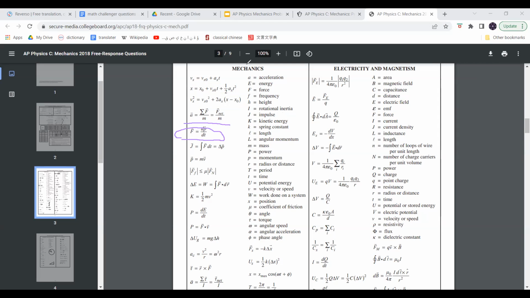Now, as we talked about in the first problem, there's an impulse momentum equation where the impulse is basically just your change in momentum, and impulse is also equal to force times time. So here's just one way of stating it: dp over dt. You can think about it as the rate of change in a certain moment, an infinitesimally small elapsed amount of time.